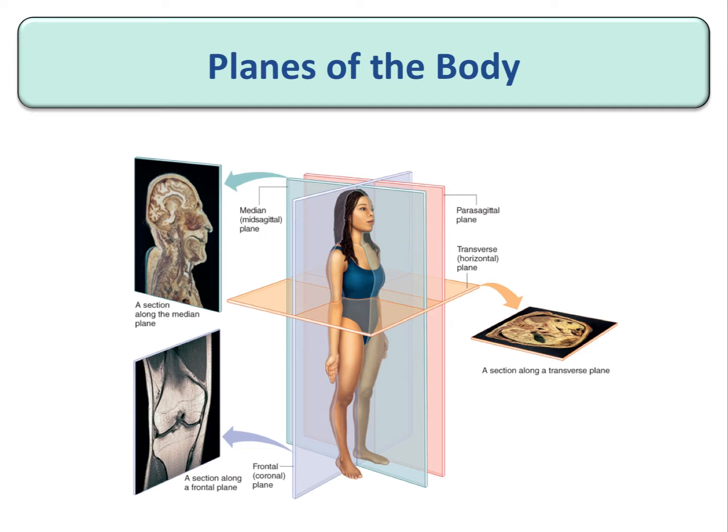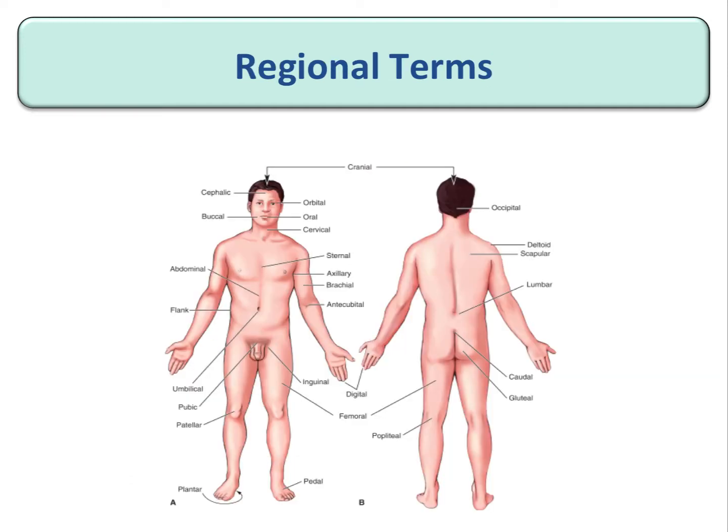Looking now at regional terms, we see that the body can also be described in terms of specific regions. For example, the cranial region includes the cephalic, orbital, oral, buccal, and cervical areas. At the front and at the back, we see the occipital region. The rest of the regions are also shown here.